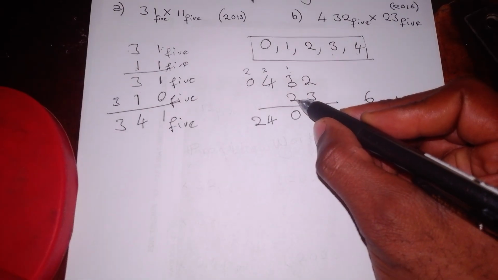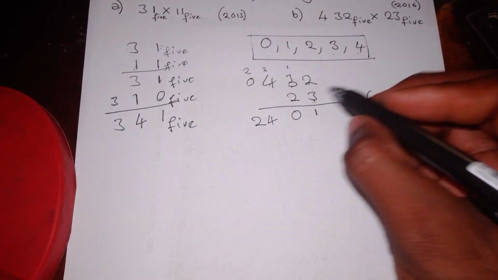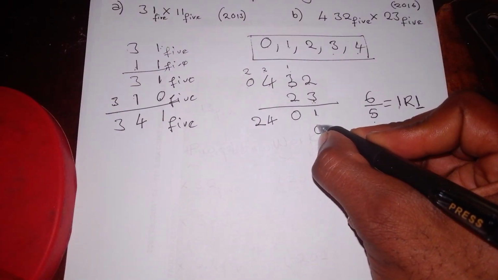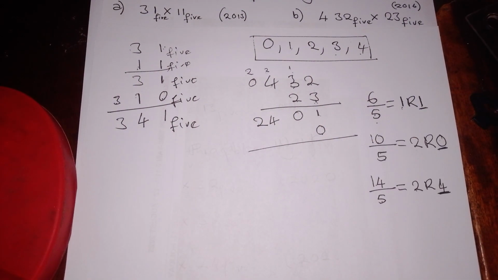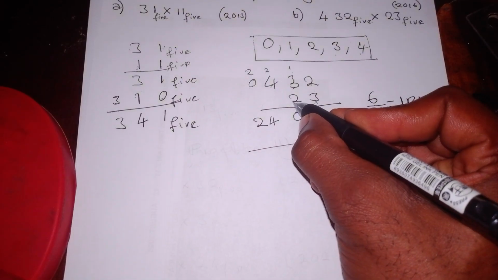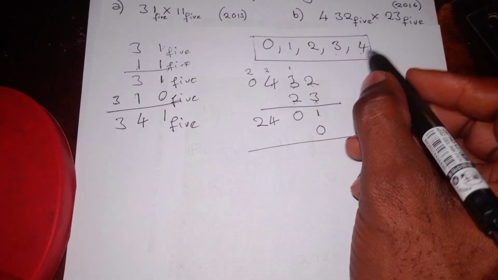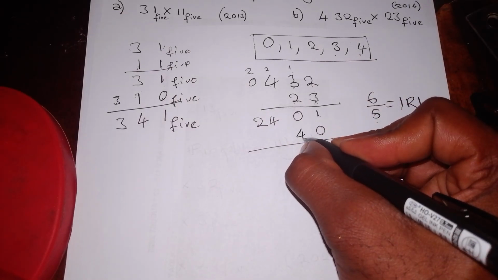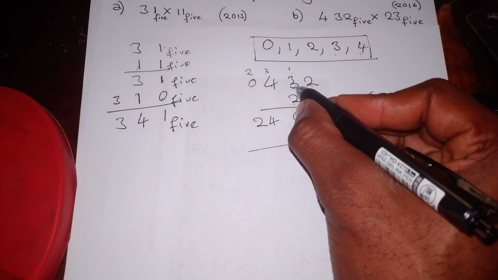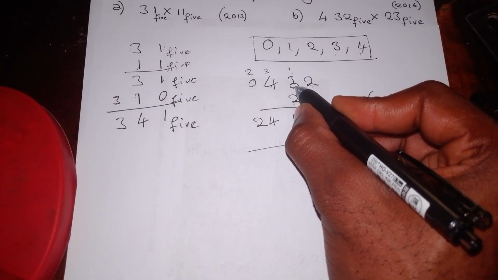And then next we do the same thing with a 2, but before you do that, remember to put a 0 there, which is your placeholder. And then 2 multiplied by 2 is 4. Because we have a 4 in base 5, you can write your 4 here. And then 2 multiplied by 3, you have a 6.